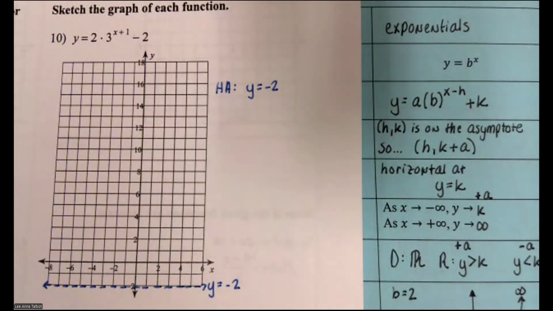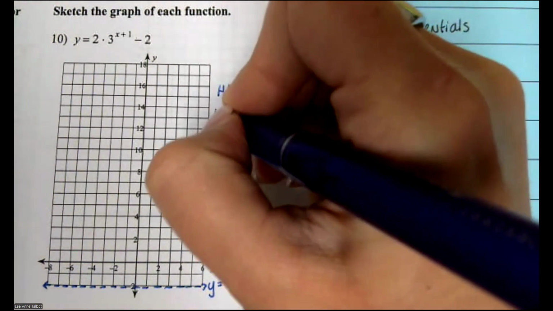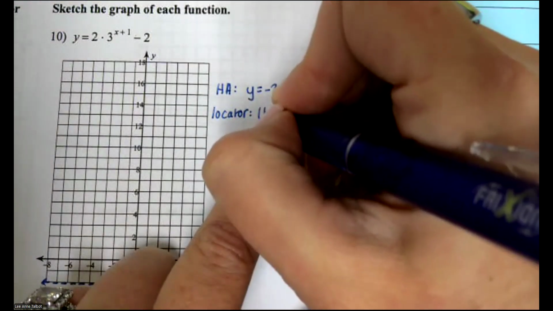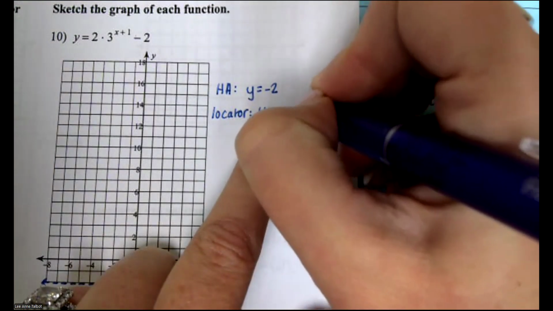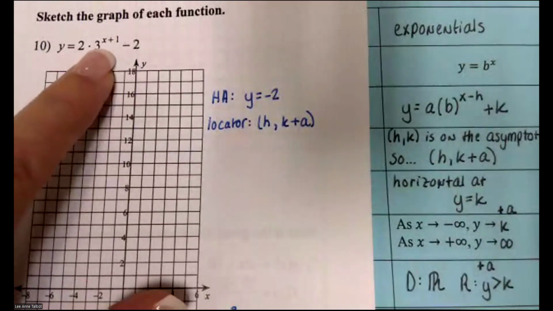Okay, now I like to review this though because the locator point's so weird. The locator is h comma k plus a. Okay, what is h in this problem?